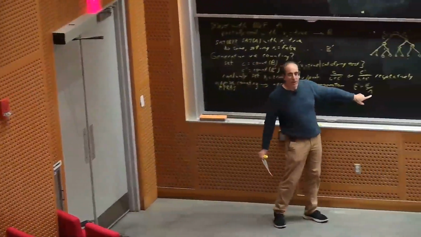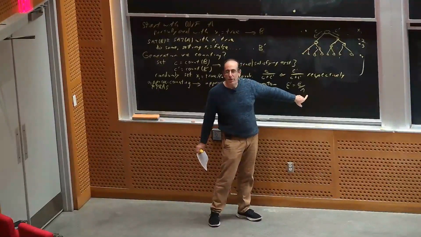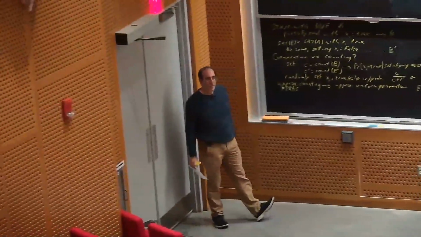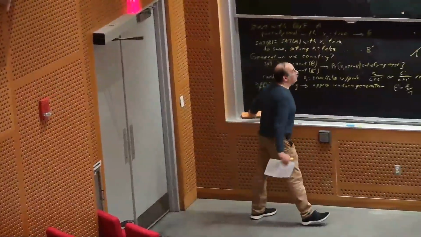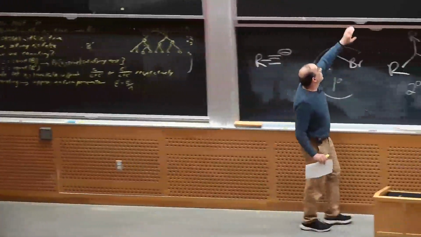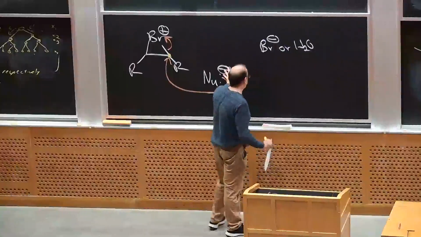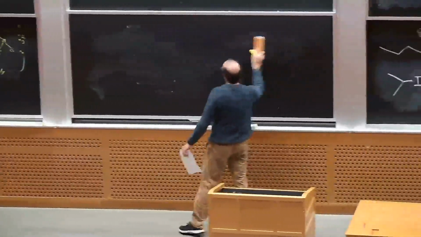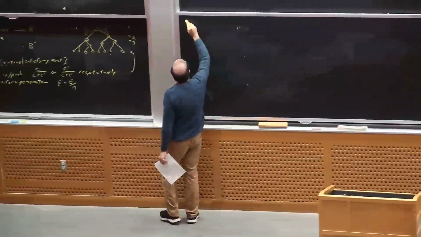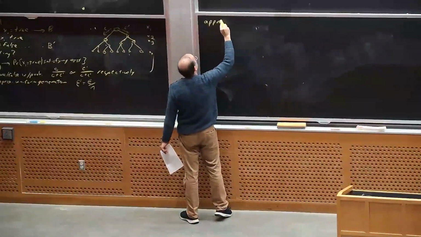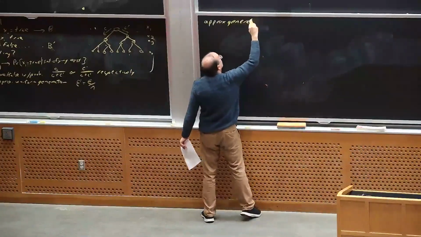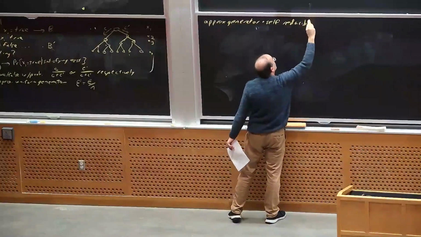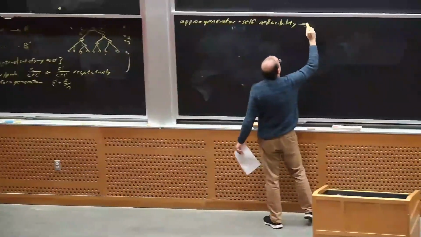So dividing the error by a factor of n, you're still polynomial. Okay? All right. And just to close the loop further, I will also mention that if you have an approximate generator plus self-reducibility, you can get an approximate counter.